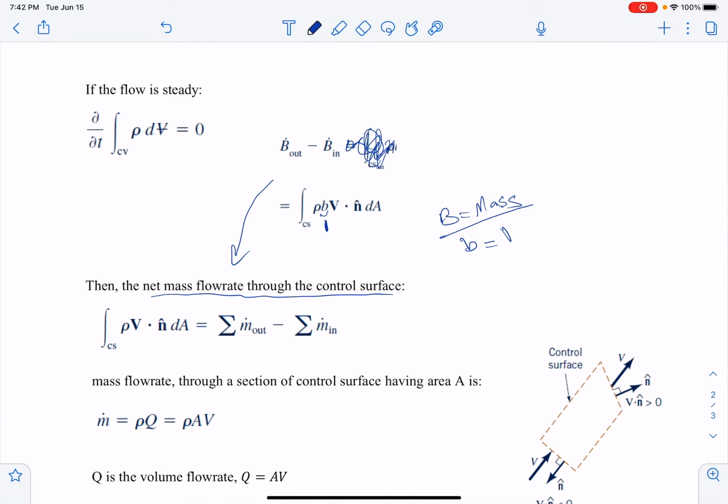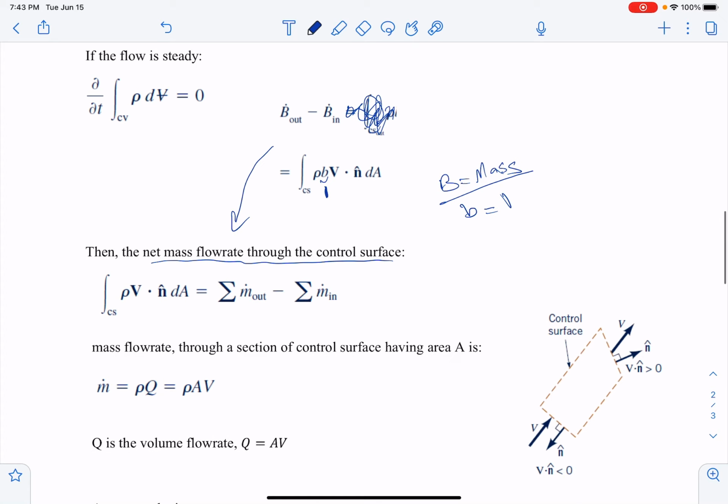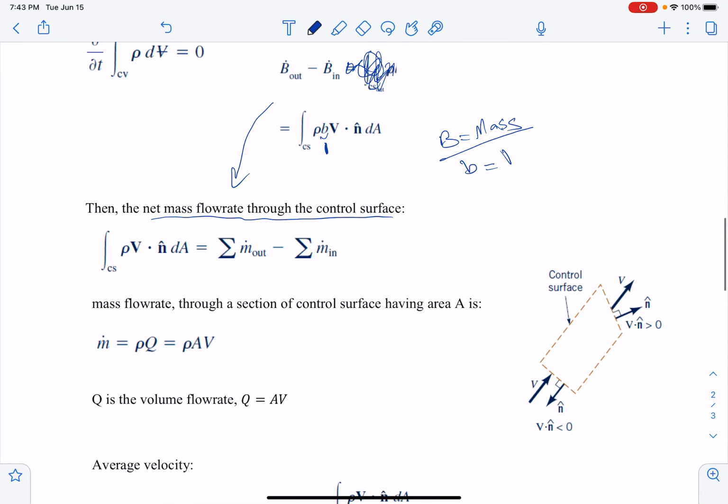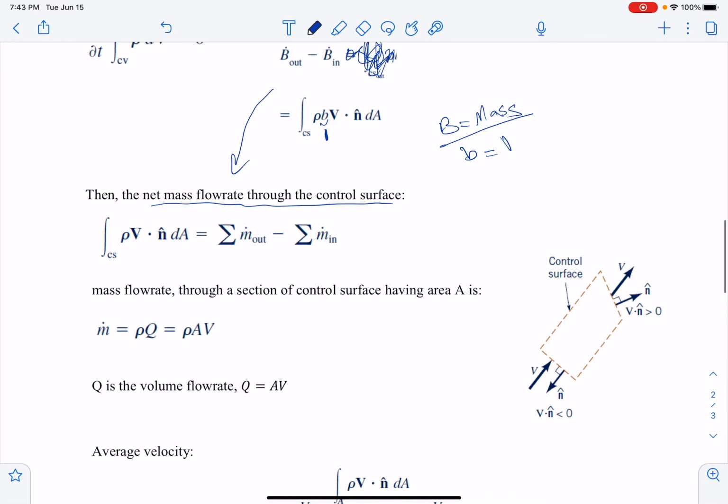So from here we have the integral of rho times v, which is our velocity, dot n times dA, is equal to our m dot out minus our m dot in. This sign is coming from what we also showed in the previous chapter, so I'm not going to go through the chapter again.